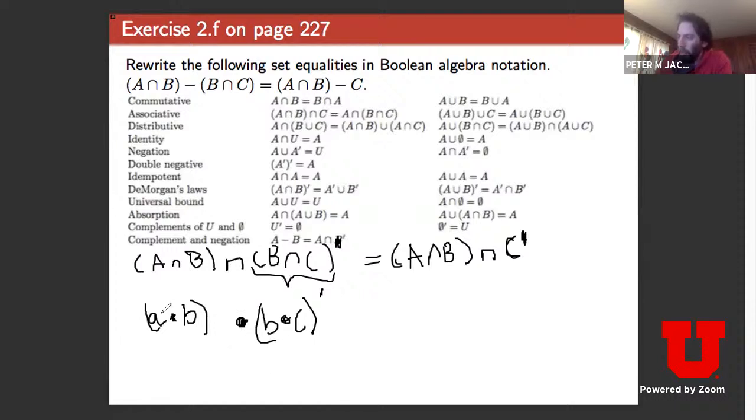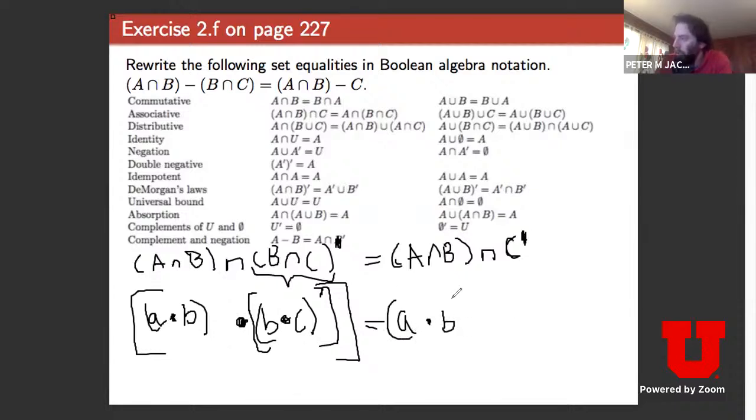Okay, so just the order of operations, you want to be careful. We're taking this complement first, so you might put that in parentheses and then have this outer parenthesis like that. And then on this side, A intersection B. Okay, so again, we're just replacing our intersection symbol with the dot symbol, the Boolean symbol.